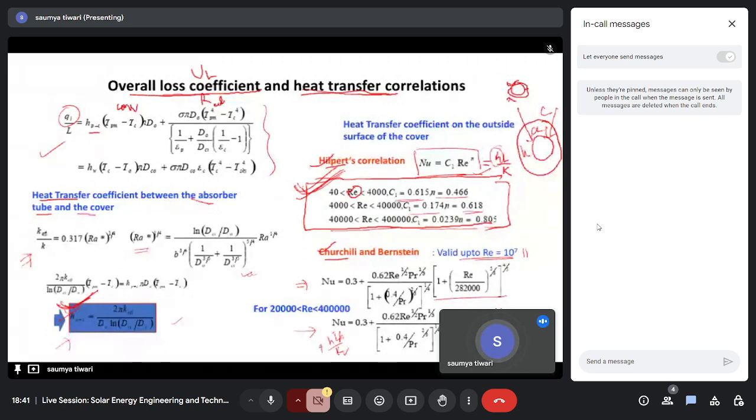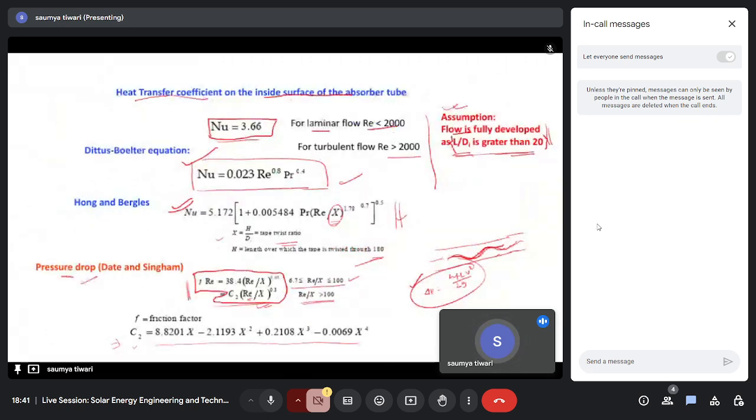Now we are talking about the heat transfer coefficient on the inside of the absorber tube. If you want to calculate the heat transfer coefficient inside this absorber tube, we already know the Nusselt number values for laminar flow and turbulent flow. Note that this is for fully developed flow, and we have the Dittus-Boelter equation to calculate the Nusselt number, and then from there we can calculate the heat transfer coefficient, hL by k equal to.